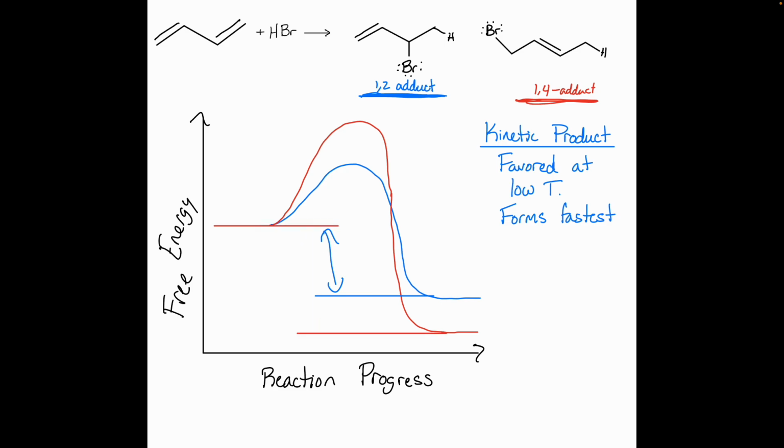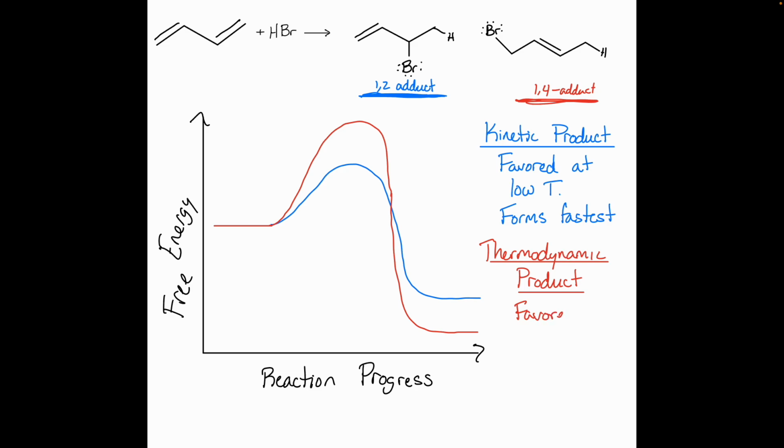So this is what we would call our thermodynamic product. All right, this is what forms at higher temperatures. Okay, and it's the one that is the more stable of the two.